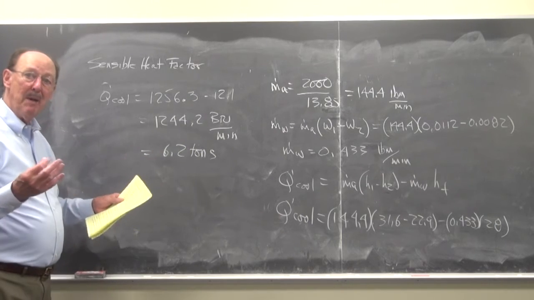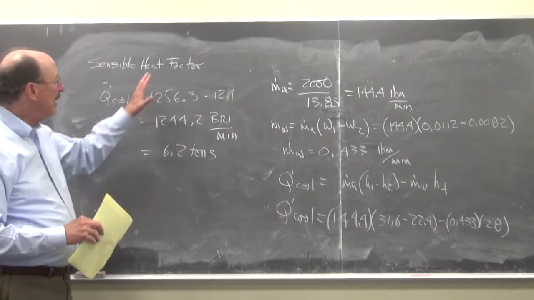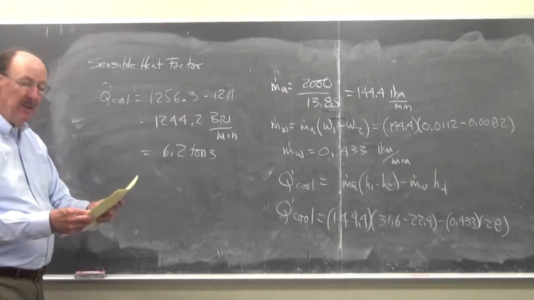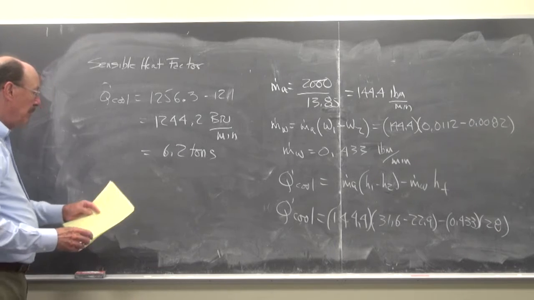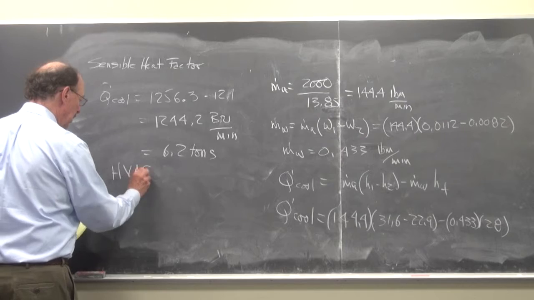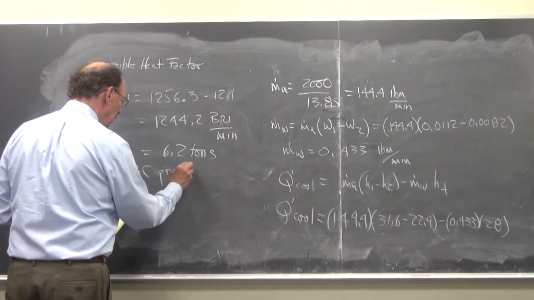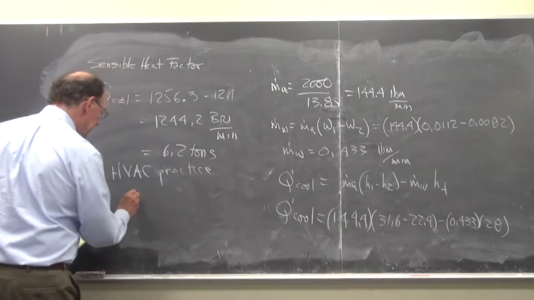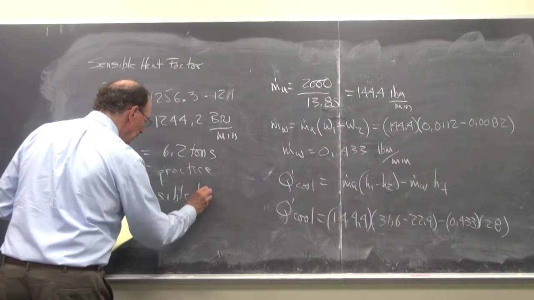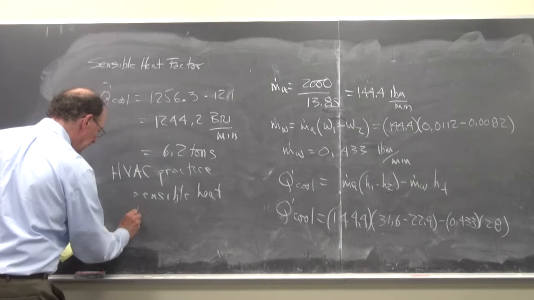And what happens in practice? So we had this example, so I have numbers and I'll refer to them. In practice, in HVAC, they look at sensible heat and latent heat.